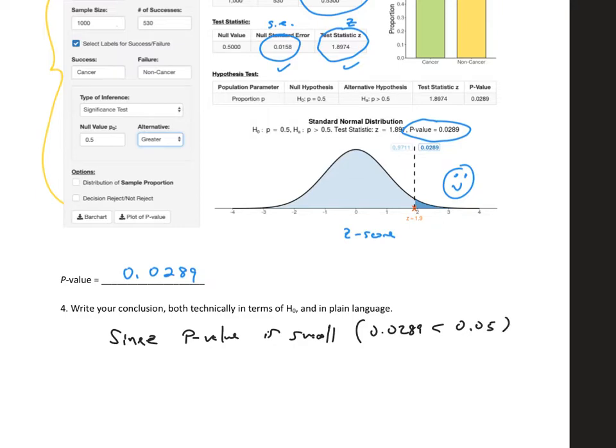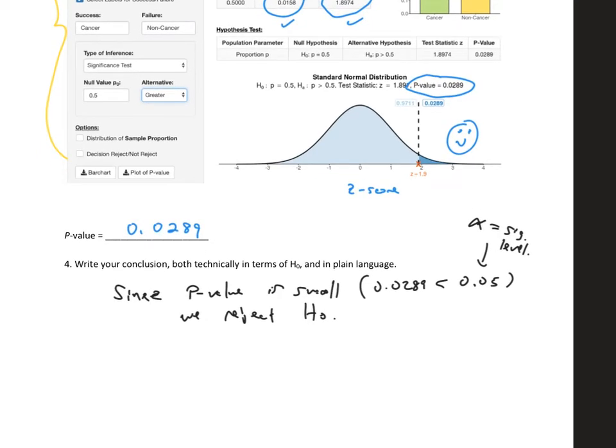My significance level in this problem, which we usually write alpha, is also given in the problem. If you look back in the problem statement, the 0.055% is given there. So since the p-value is small, we always say we reject the null hypothesis. That's our technical conclusion.